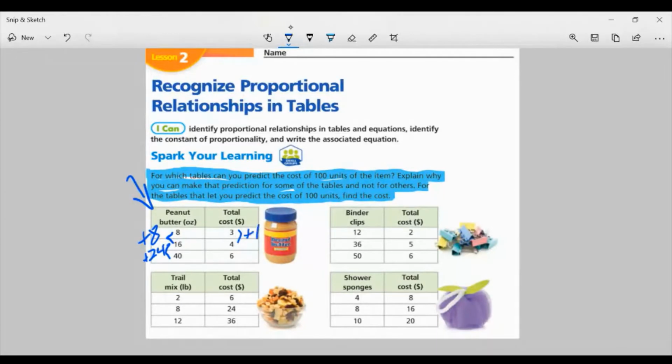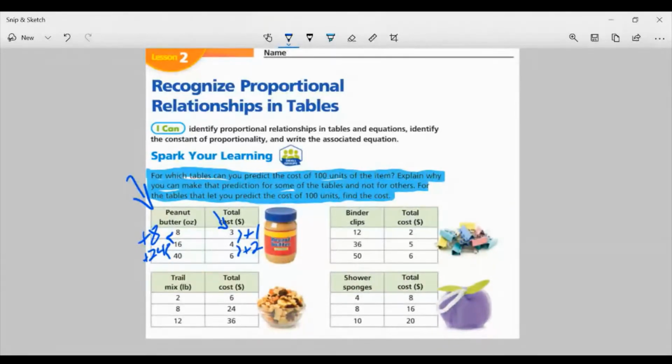This was an increase of 1, and then from 4 to 6, it's an increase of 2. So just based on this, when I increased $1, it was for 8 ounces. But the very first row shows 8 ounces for $3.